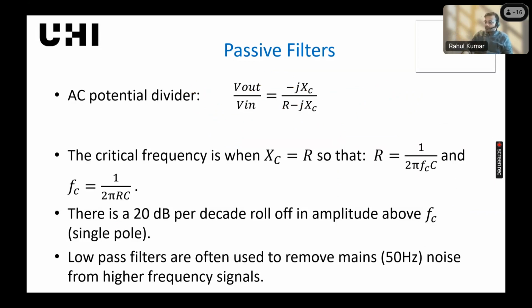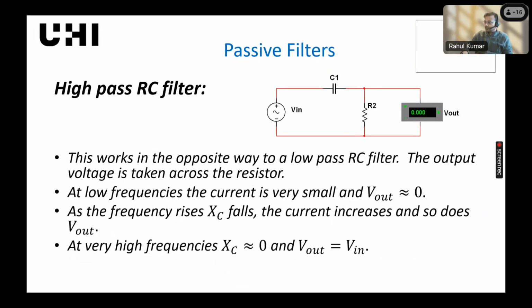Don't need to worry too much about all these formulas here. Now, the high pass filter, we have already discussed this. In the high pass filter, we have just swapped the position of resistance and capacitor, and now we are measuring the output across the resistor.